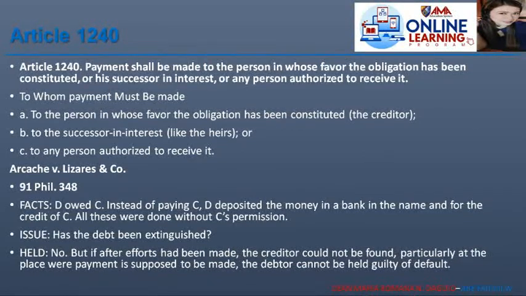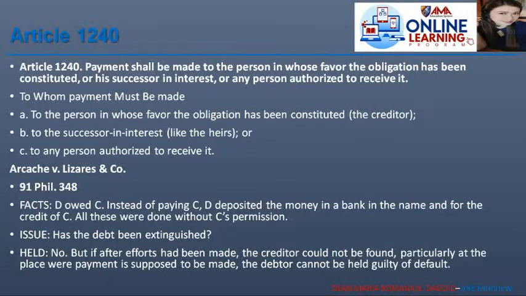So facts, D owed C. Si D may utang kay C. Instead of paying C, D deposited the money in a bank in the name and for the credit of C. All this were done without C's permission.